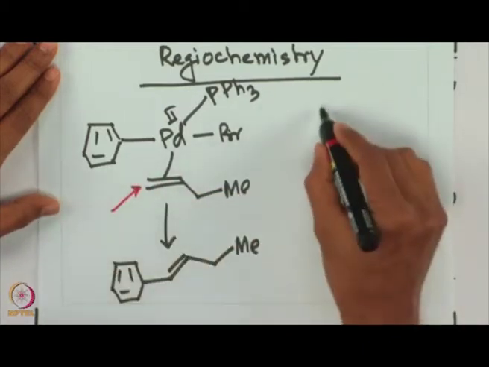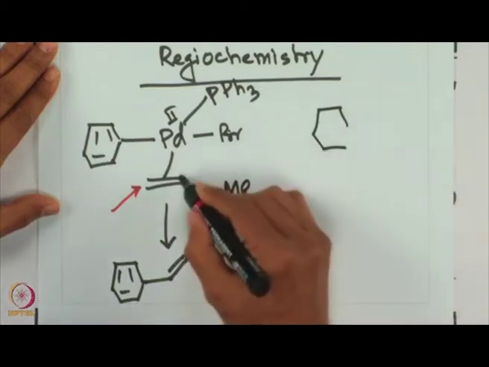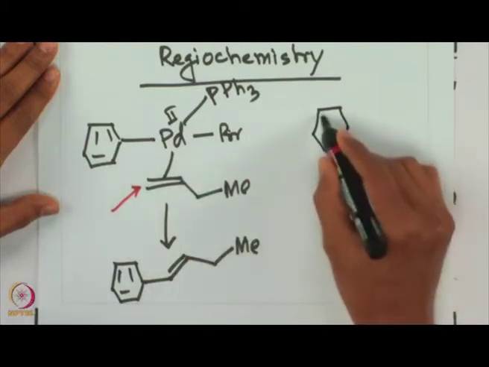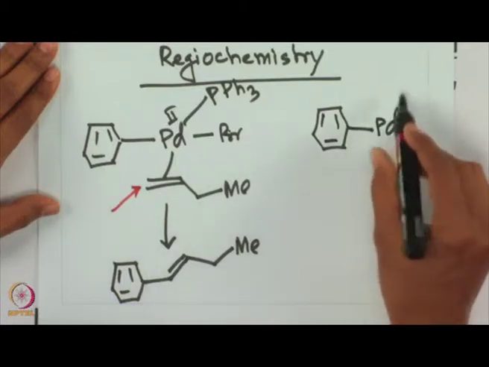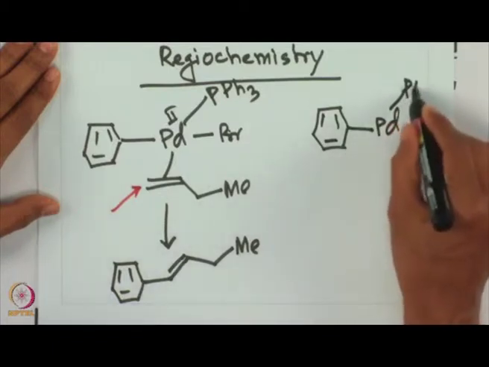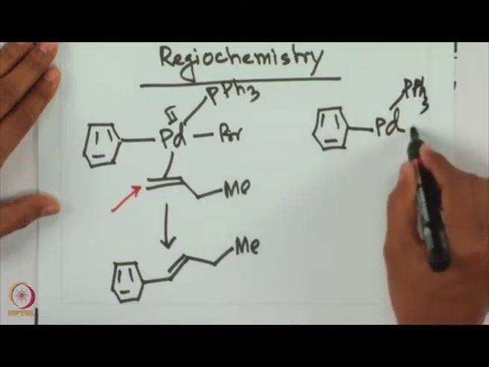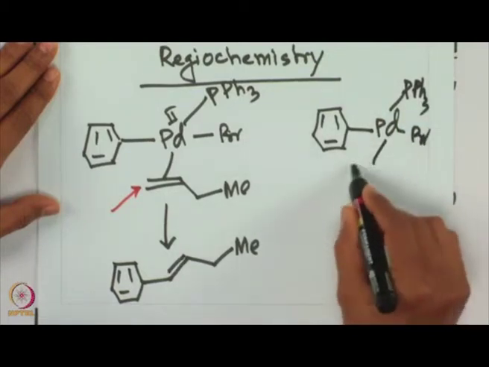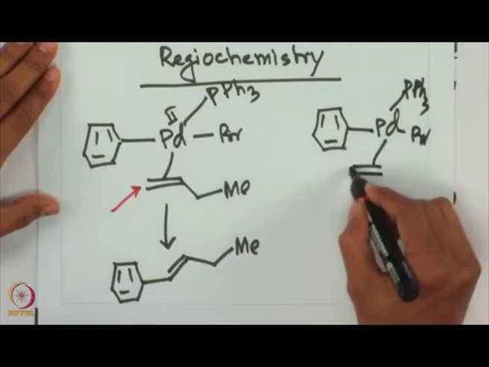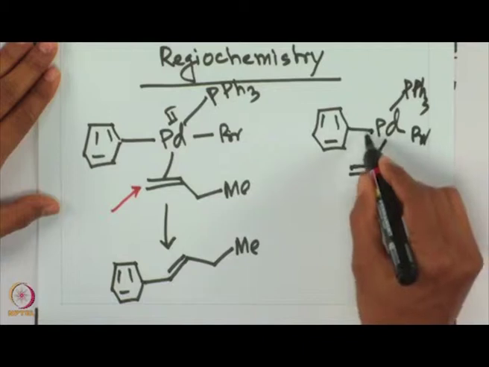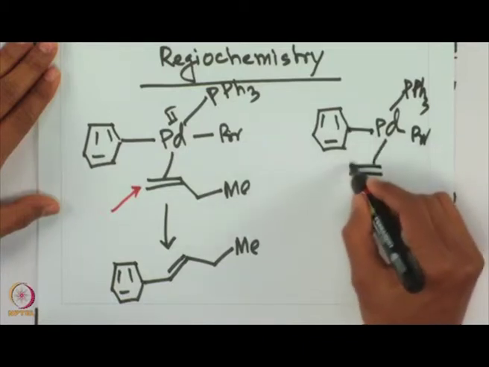The other center, if we are to substitute this position, of course, that position has to be close with respect to the new bond forming process. Let us look at that orientation. So, if it has to substitute at this position, these two carbon centers should be close to each other.